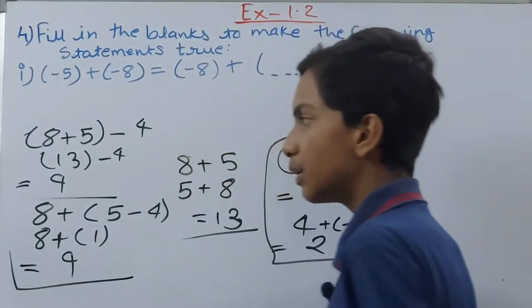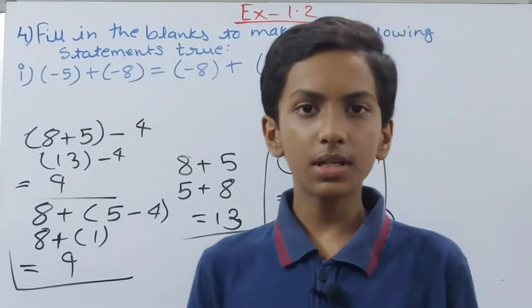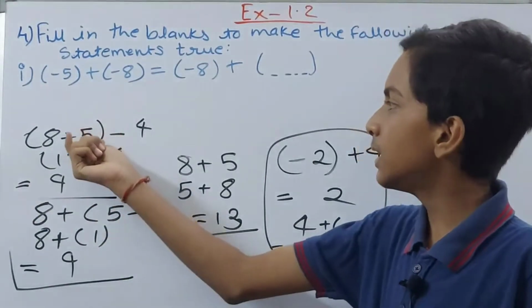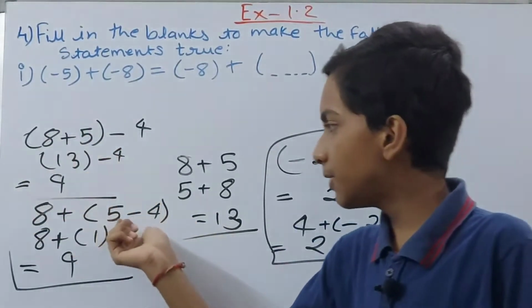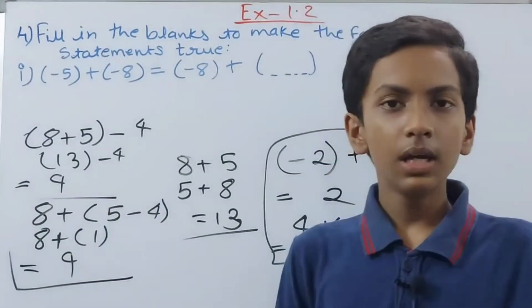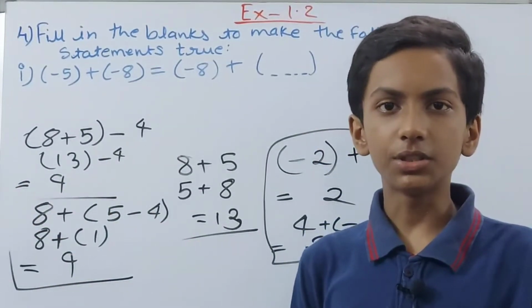So again the answer comes the same in the associative property as well. It is just that we group the integers differently. Here 8 and 5 were grouped, here we have grouped 5 and minus 4, so the answer will always be the same.